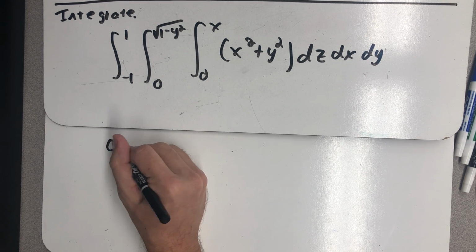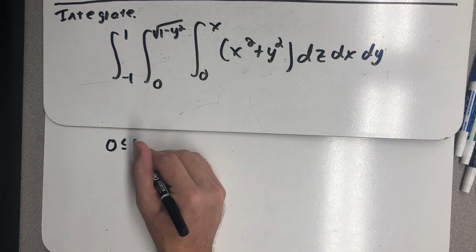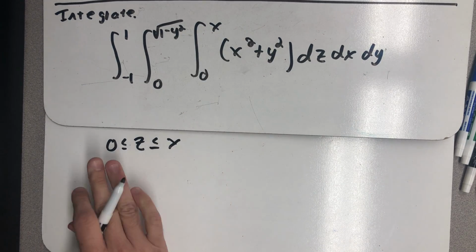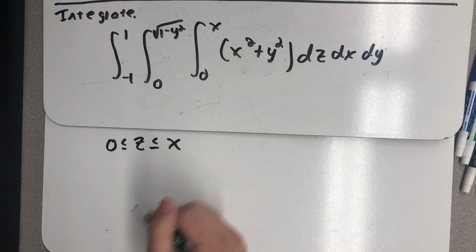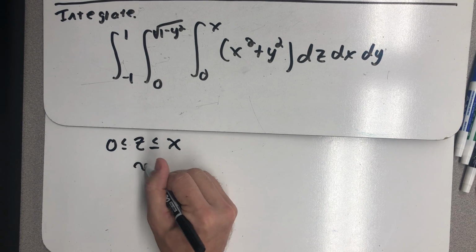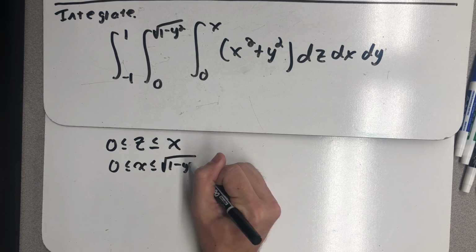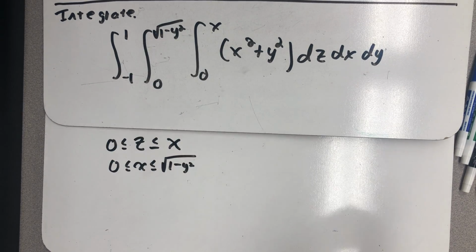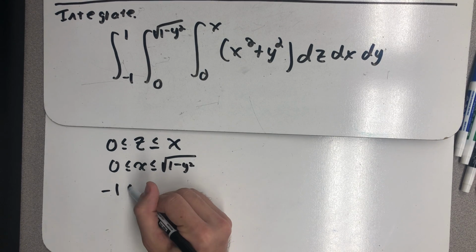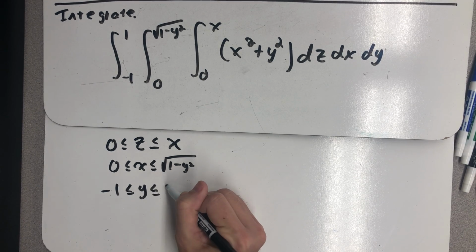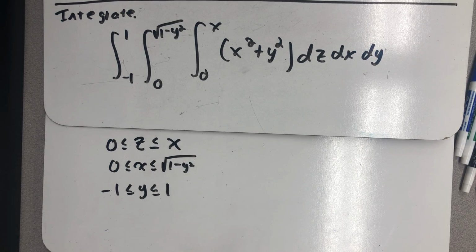But first, from the first set of bounds, I know that z is between z equals 0 and the plane z equals x. I know that x is always between 0 and the right-hand side of the unit circle in the plane. And then finally, I know that y is between -1 and 1, so I'll get that whole circle.